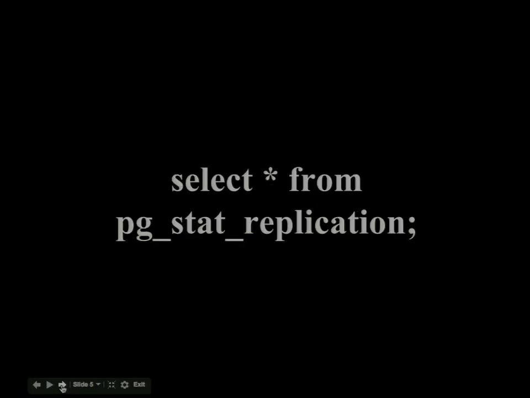So this is your first go-to. Everybody should know this, and if you don't, I'm sorry I said that. It is the first thing I do when PagerDuty goes off and says, hey, your slave is lagging. Before I go to anything else, I do select star from pg_stat_replication on the master. Yes? You could shorten that to just TABLE pg_stat_replication. TABLE is an alias for select star from. I did not know that.